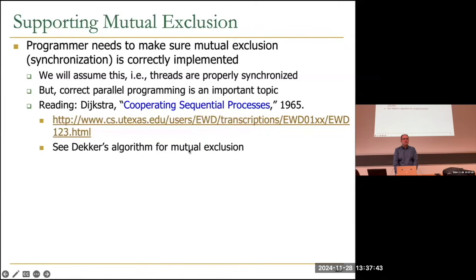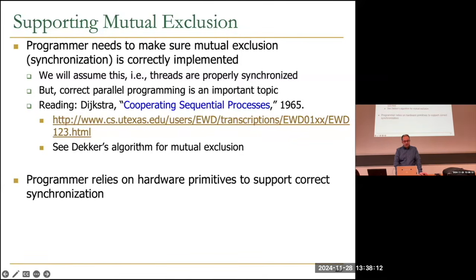I'm not sure if any of you have read this paper, but it is one of the very basic works. If you want to work on parallel programming, you cannot avoid Dijkstra. So you need to check this paper. But you might be aware of Dekker's algorithm for mutual exclusion.